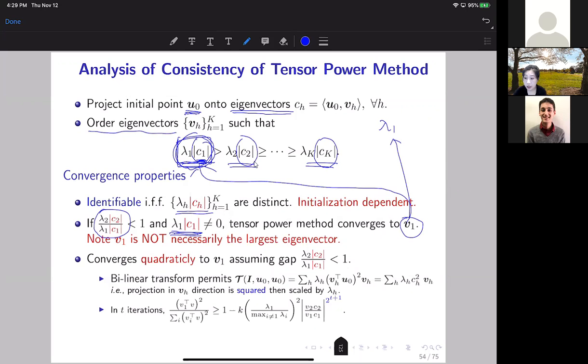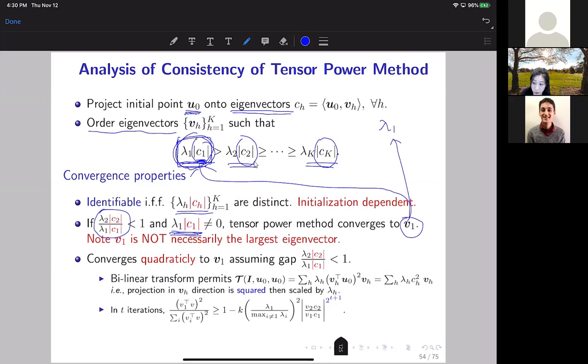So initialization matters, right? It's not only lambda1 that will be recovered. Actually, it is the component that has largest lambda1 multiplied with absolute value of C1 that's recovered. So initialization matters a lot.